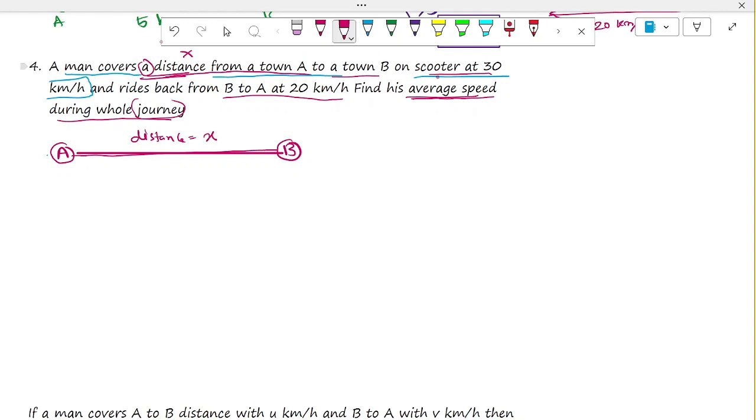And they have said that he is traveling on a scooter at 30 kilometers per hour. So while going from here to here, the speed is 30 kilometers per hour. So can you find out from here what will be the time taken by him?